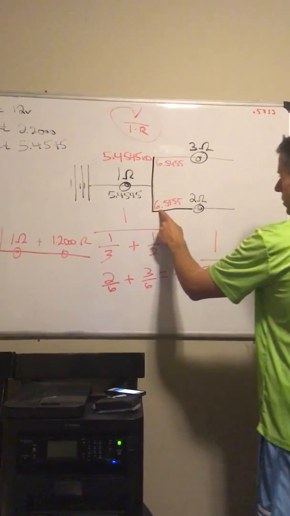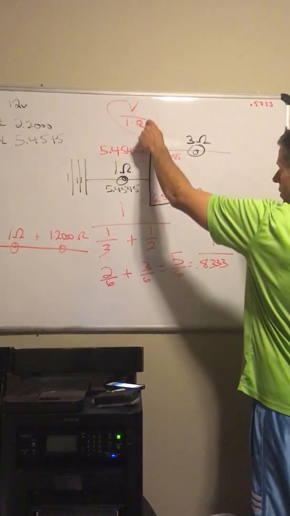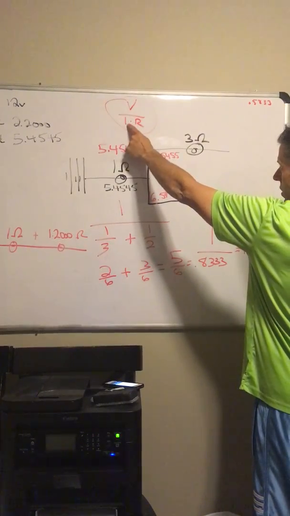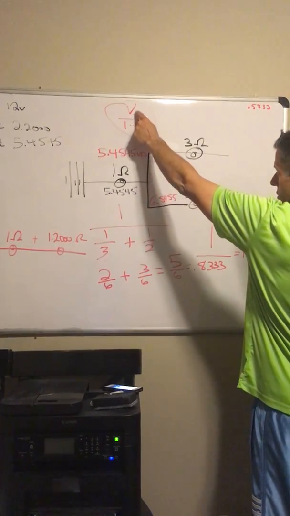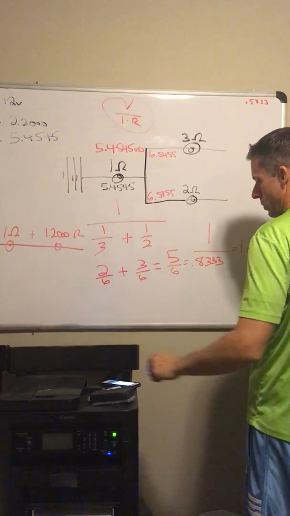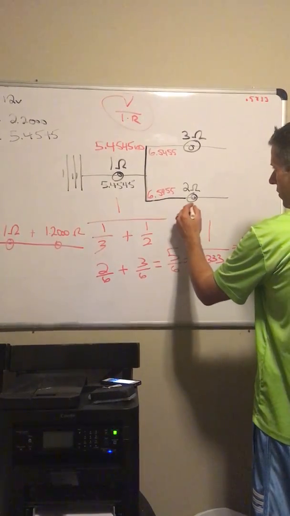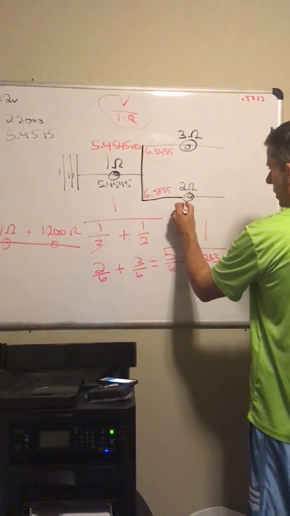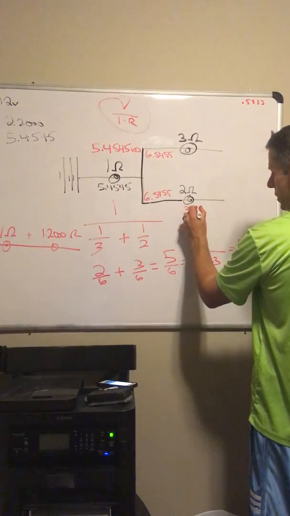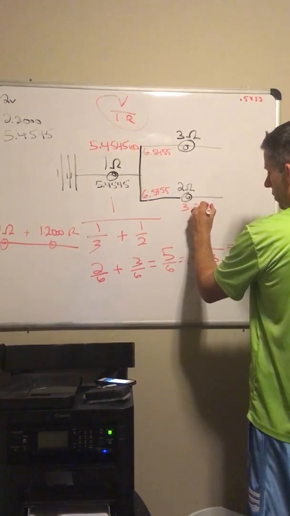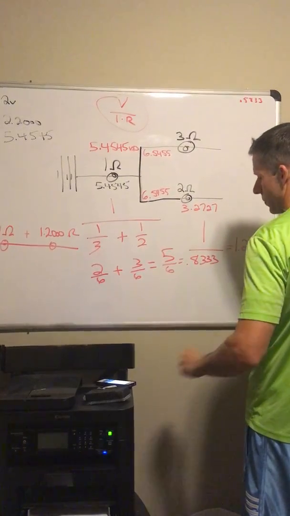Now I've got my volts and I've got my resistance. How do I factor in intensity or amperage? I've got to do volts divided by resistance. And so 6.5455 divided by 2 equals 3.2727.